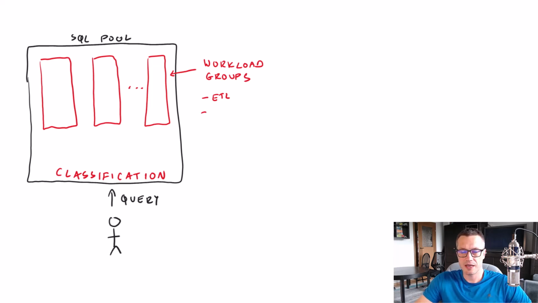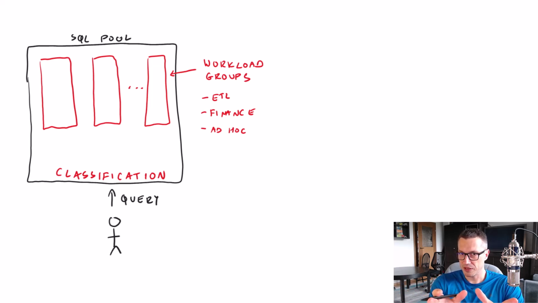Maybe we'll define a category for our finance department, because we know that those guys from finance, well, they need to have their queries handled in the first place because they are super important and they get very upset if they have to wait for a few seconds to get the results back. Maybe we'll define a workload group for some ad hoc queries that, well, they are not that important and those can wait.